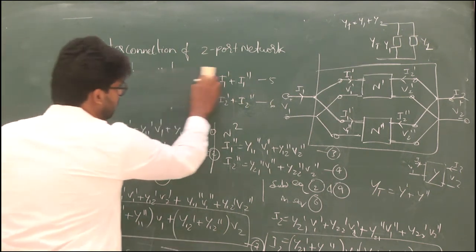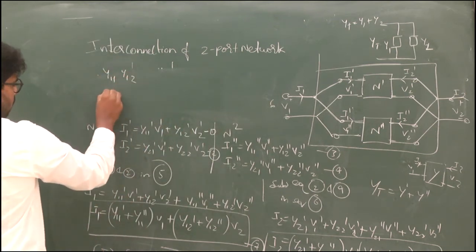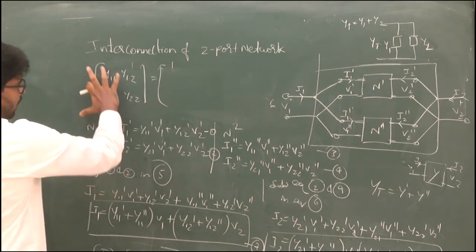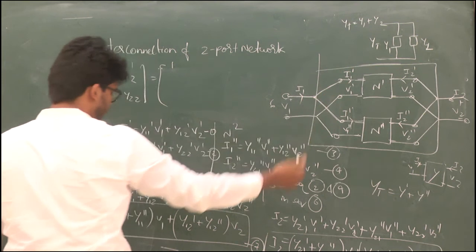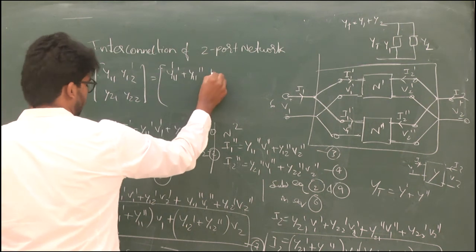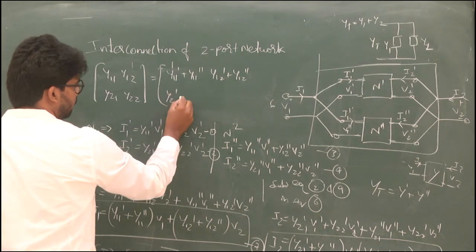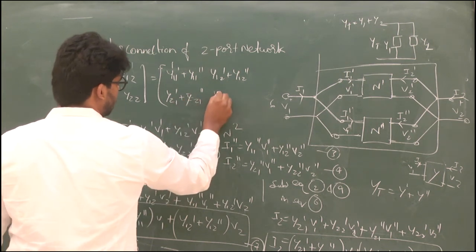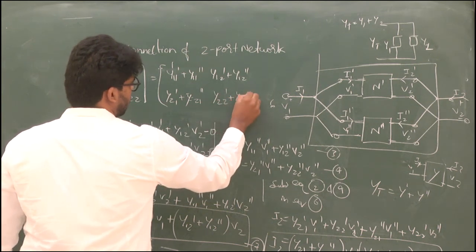That is the conclusion: the overall Y parameters will be equal to the individual addition of the individual Y parameters, that is Y11 dash plus Y11 double dash, Y12 dash plus Y12 double dash, Y21 dash plus Y21 double dash, and Y22 dash plus Y22 double dash.